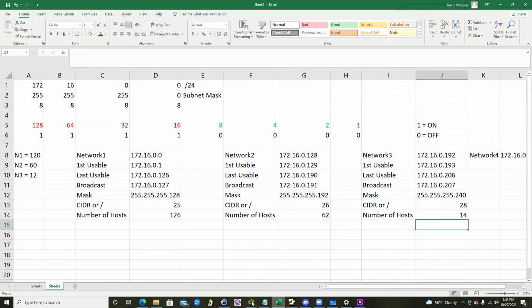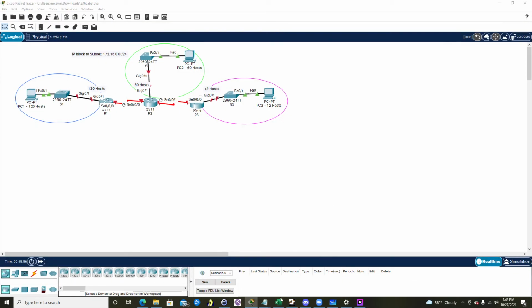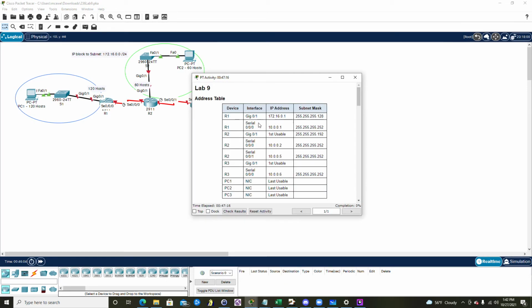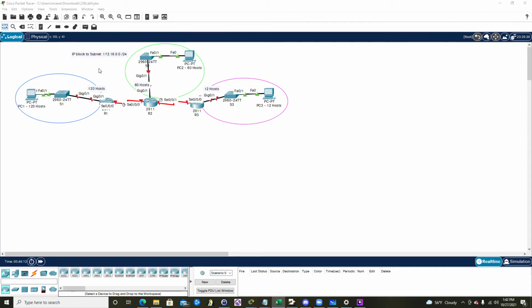So now that we have that information, it makes it fairly easy to go over and see where we're labeling things. In this Packet Tracer, I've given you the addressing schema of what your system should be. So the first usable IP address for, say, router 1 should be 172.16.0.1.